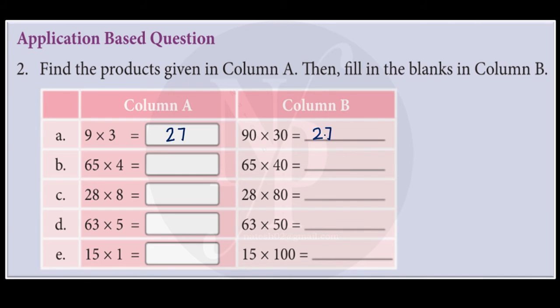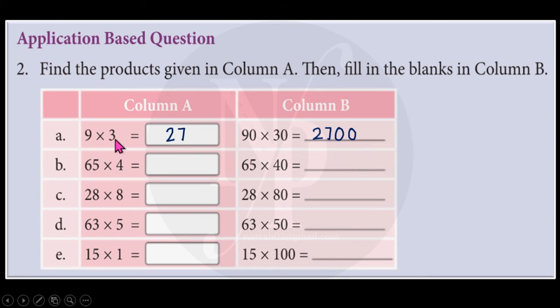and then we look at the zeros in these numbers. In the first number we have one zero, in the second number we have another zero. Together there are two zeros. So we should write two zeros to the right of this answer now. That is 0 0. Therefore the product of 90 and 30 is 2700.